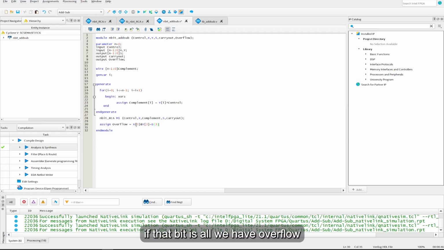If that bit is on, we have overflow, or if we have a negative of x3, so the last summand of x3, and then AND it with the negative of y3, and sum 3.